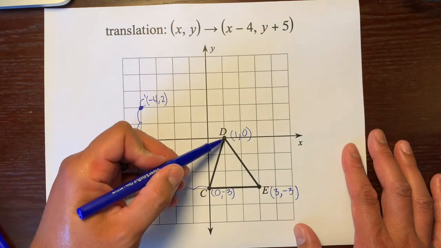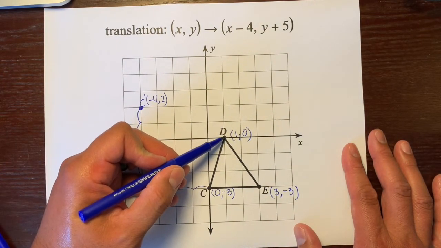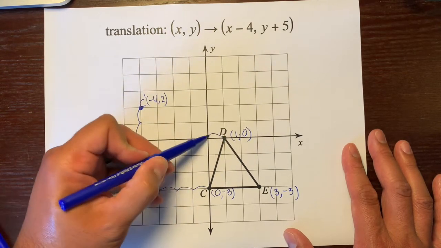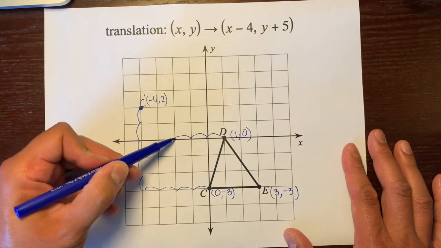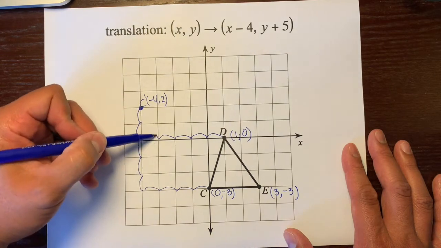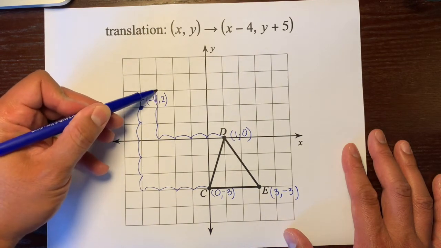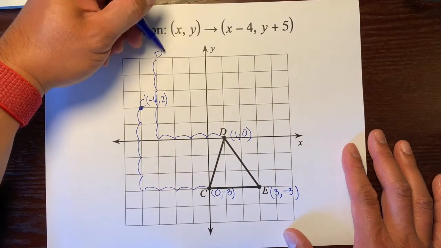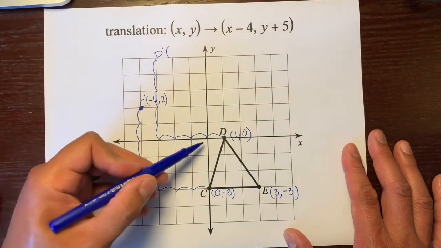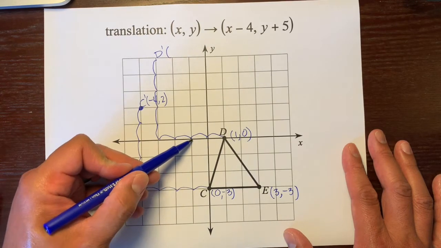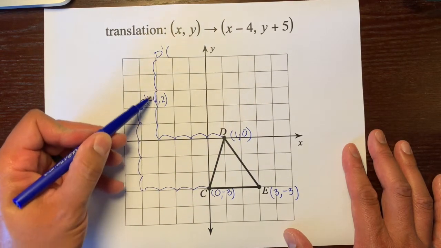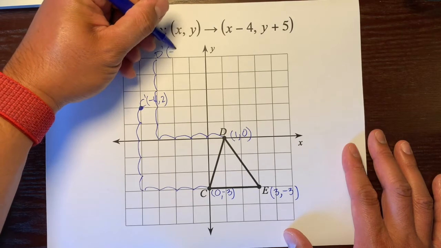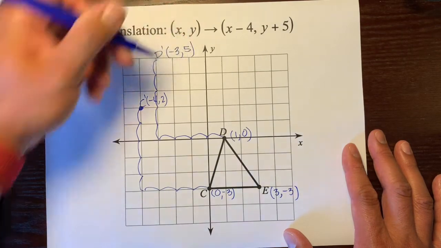Now let's move D and figure out where D prime is. So to the left 4, so 1, 2, 3, 4, and then up 5. 1, 2, 3, 4, and 5. So here's our D prime, which is located at, from the origin, 1, 2, 3, and up 1, 2, 3, 4, 5. So -3, 5.